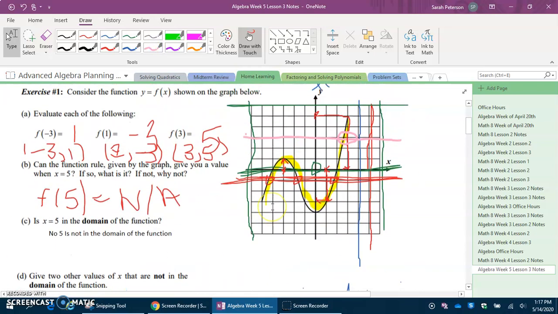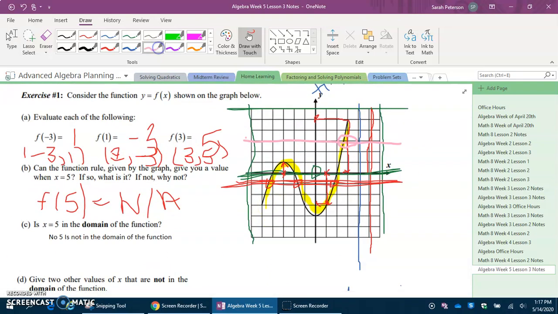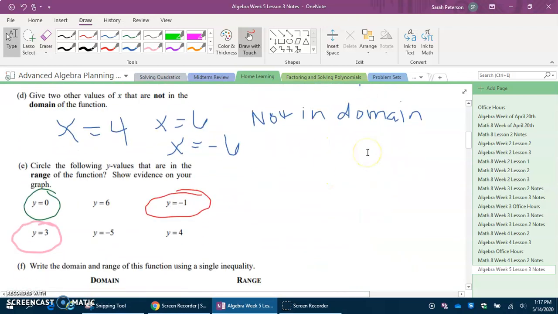Let's look at negative 5 and 4. So negative 5 is going to be 1, 2, 3, 4, 5 down here. That is not in my range. And then 4, 1, 2, 3, 4 up here. Yep, it crosses right there too. So 4 is in my range, negative 5 is not. So those are all values that are in my range.